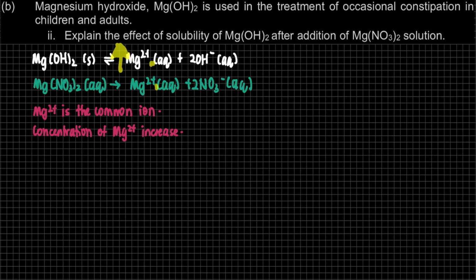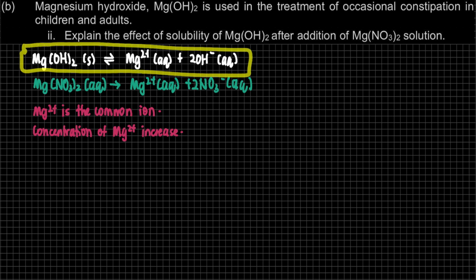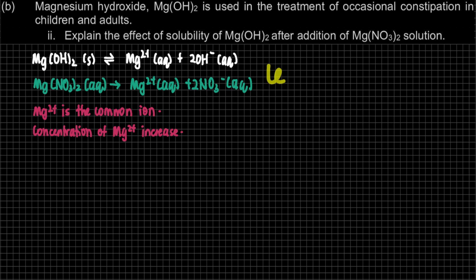So what happens if the concentration of Mg2+ increases? Right now, this salt, the Mg(OH)2 in water, is in equilibrium. But when we dissolve in Mg(NO3)2, our concentration here increases, so it is not in equilibrium anymore. So we go back to Le Chatelier.